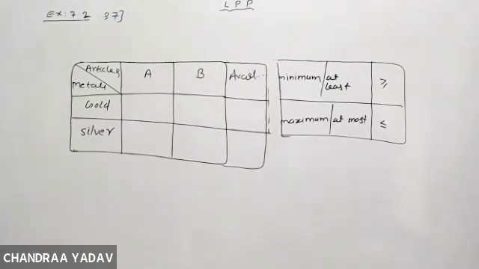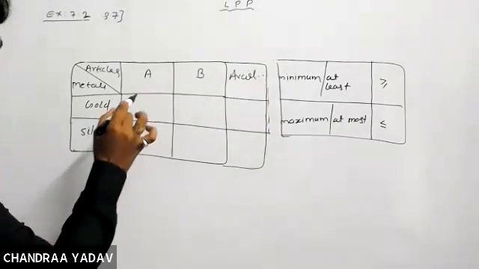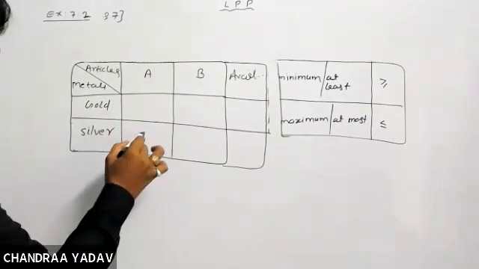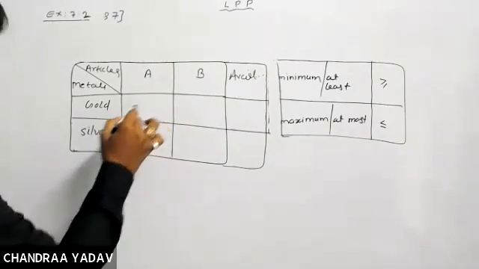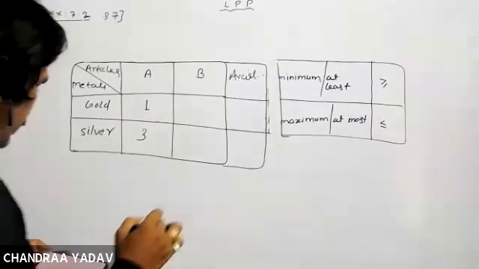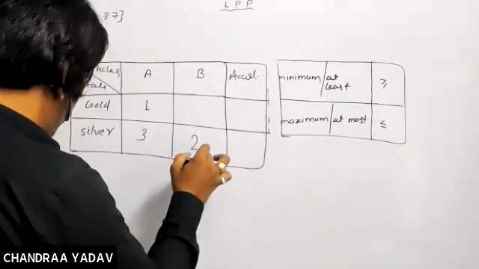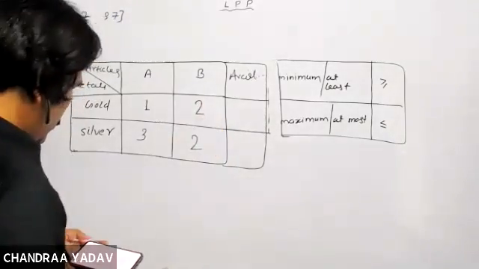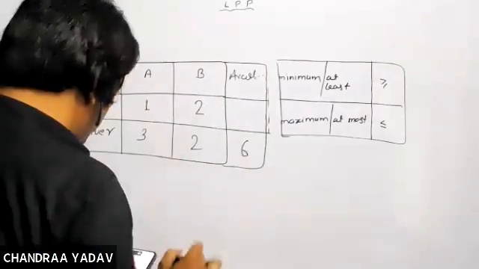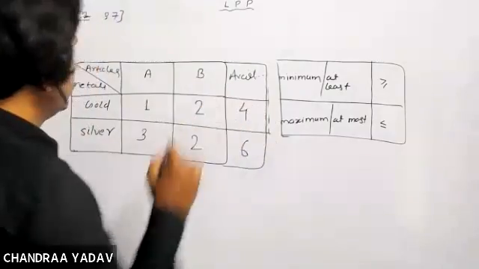Now, each unit of A, remember here, requires 3 grams silver and 1 gram gold, and B requires 2 gram of silver and 2 gram of gold. Then the company has 6 grams silver and 4 gram gold.